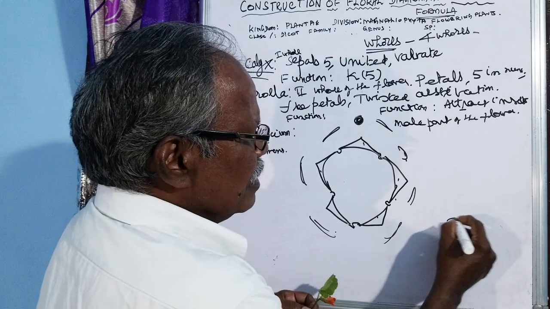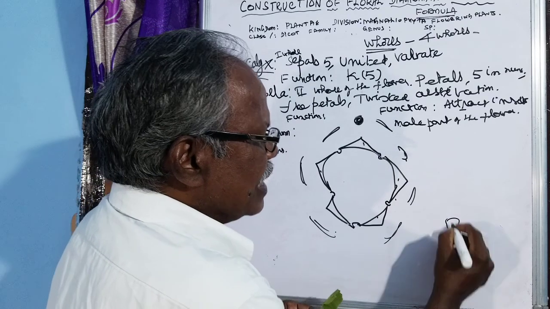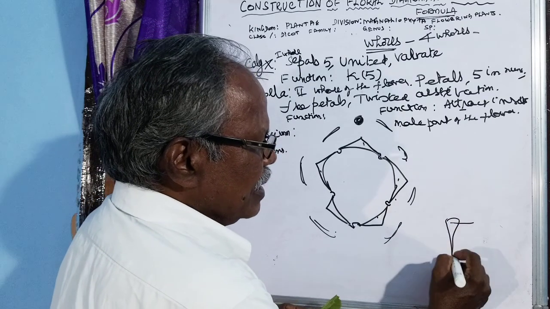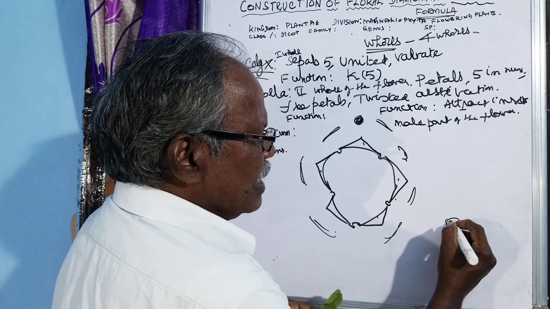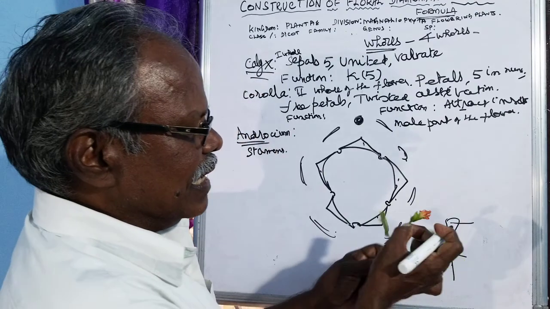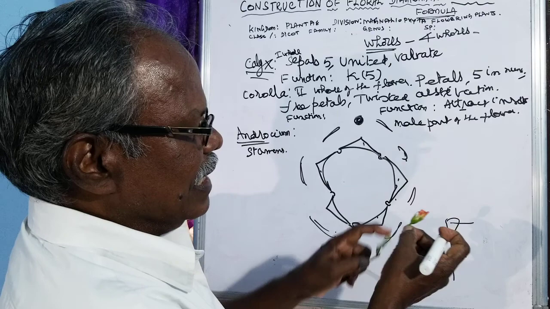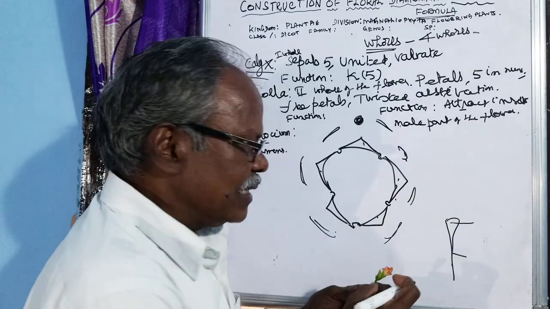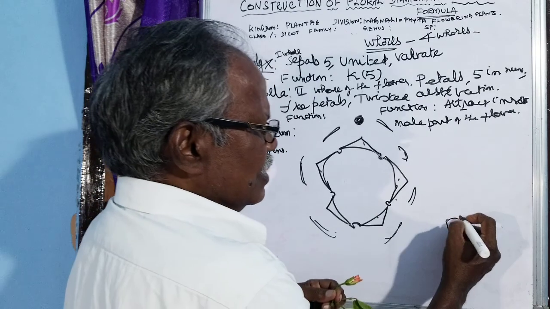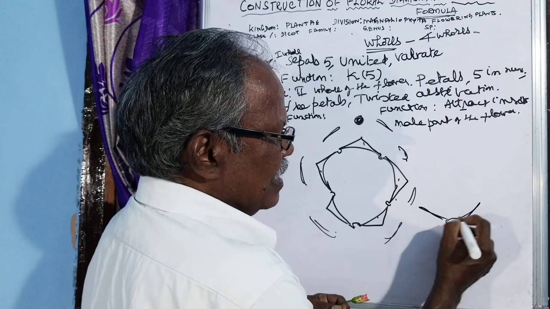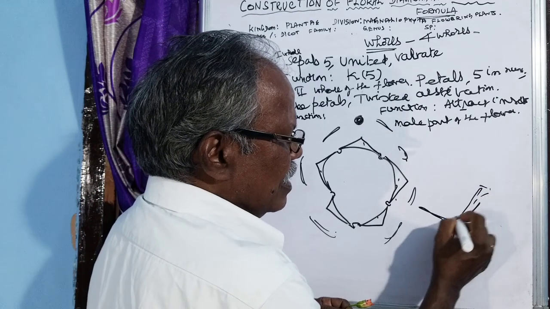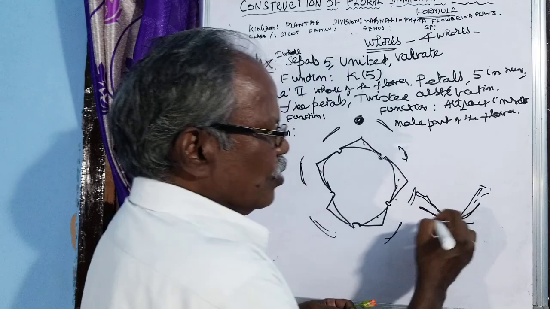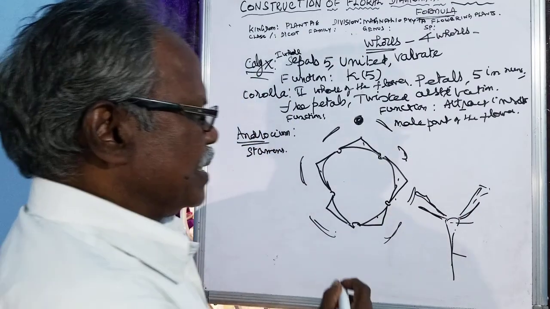Usually the pedicel is there. This is called receptacle or thalamus. This is the pedicel, and here it is swollen. That is called thalamus, the receptacle over which the calyx is arranged, and corolla is also arranged. Now we are going to talk about the androecium, stamens.